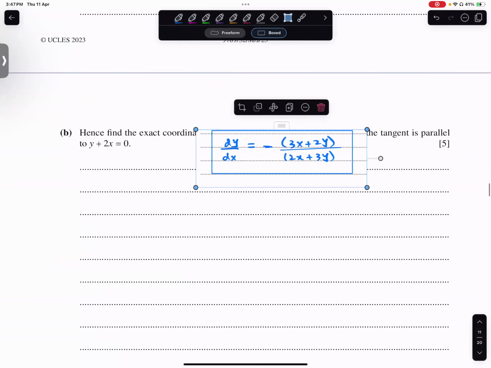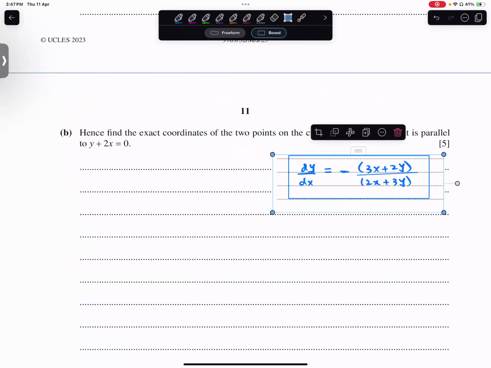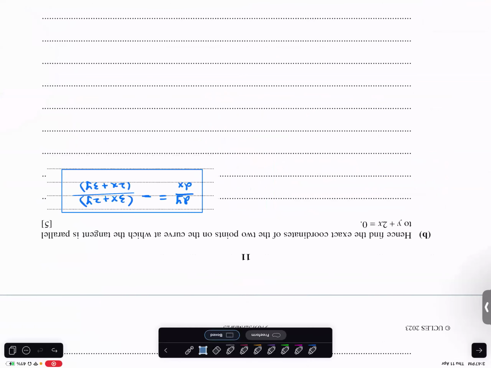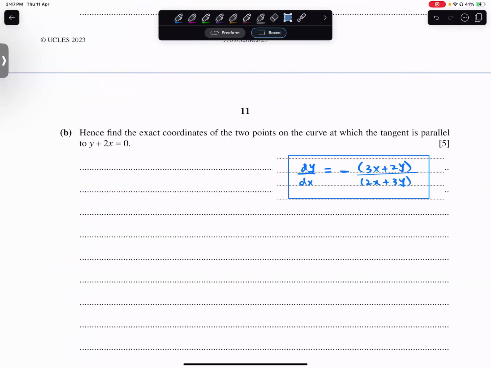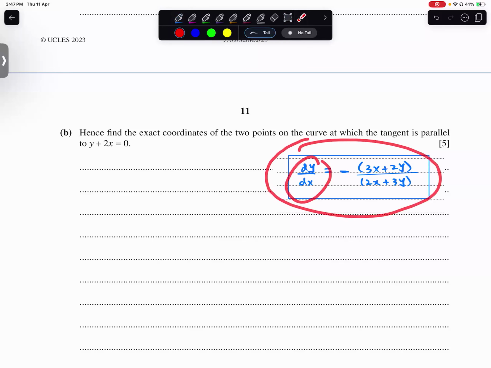Now, students, hence find the exact coordinates of the 2 points on the curve at which the tangent is parallel to this line. Now, as you know, the dy by dx, sometimes students don't even know the idea behind dy by dx.